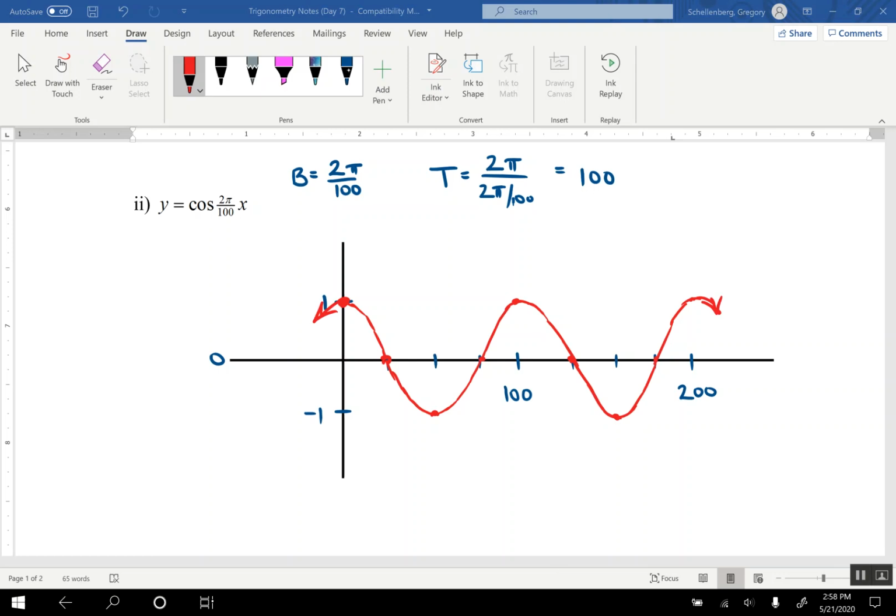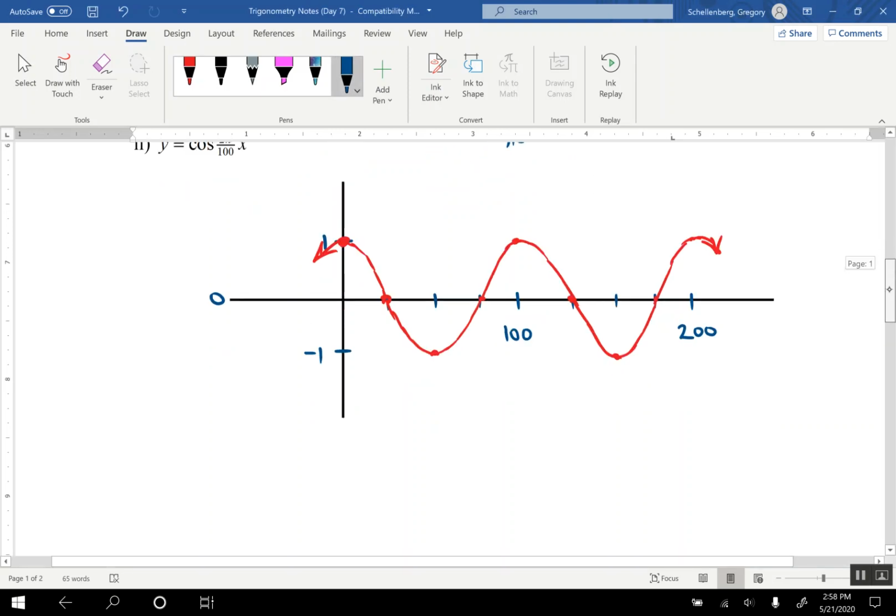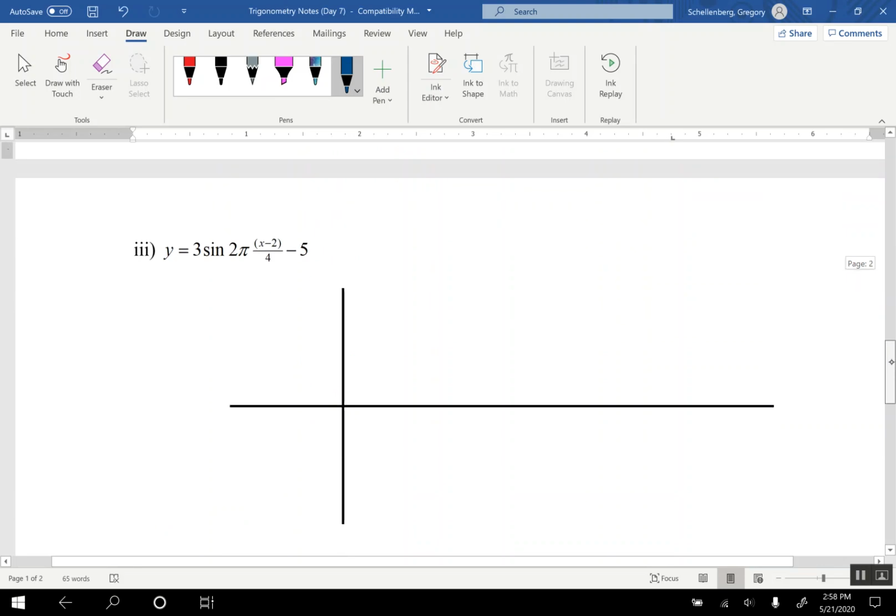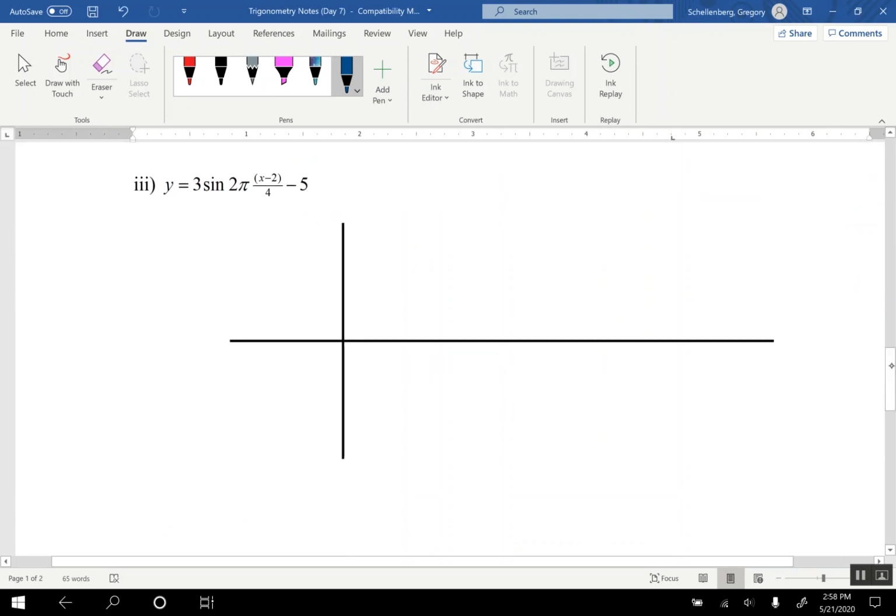Now let's see if we can work with something a little bit more complicated. So here we've got y is equal to 3 times the sine of 2 pi times x minus 2 over 4, minus 5. So I'm just going to put a little box around this because I'm going to focus on simplifying this a little bit into something that's going to make a little bit more sense for us. So let's rewrite this.